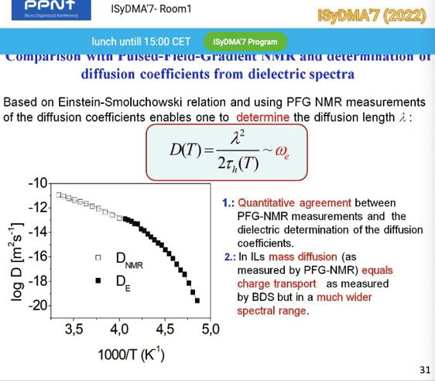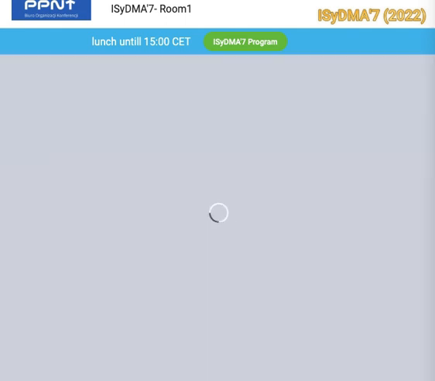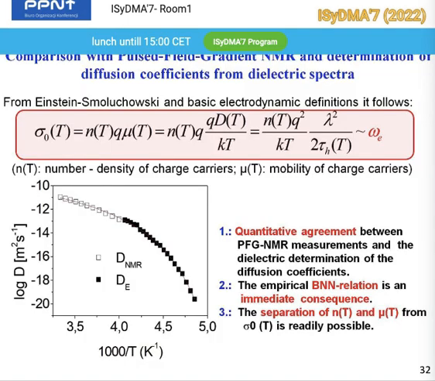And this is very remarkable because with NMR, as said, we measure mass diffusion, while with dielectric measurements we measure the diffusion of charged entities. I will come back to this point a little bit later. And now we can combine this result with the following formula.